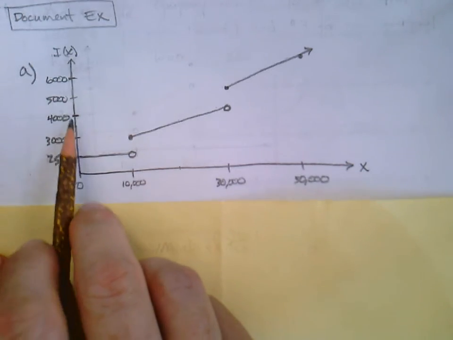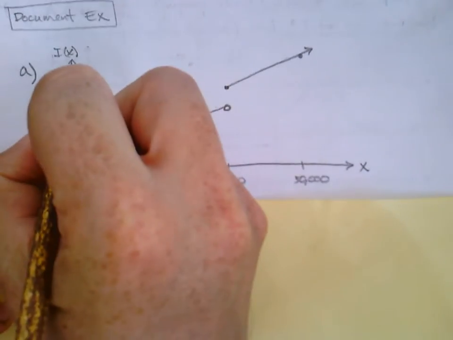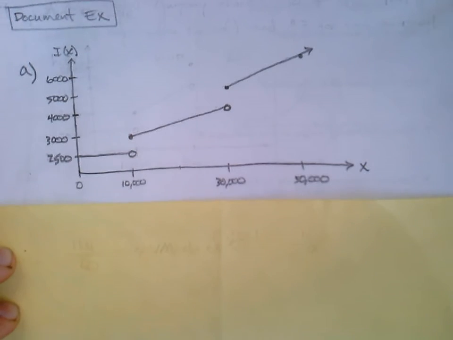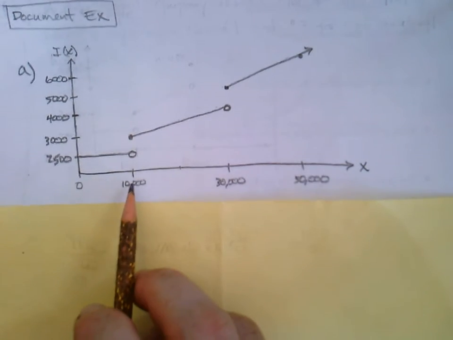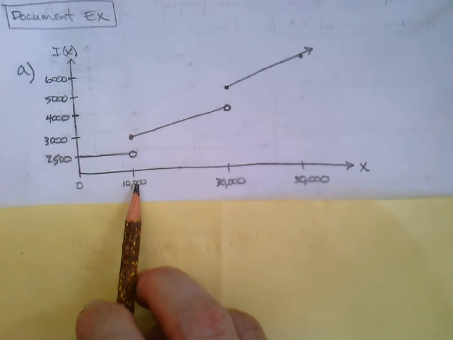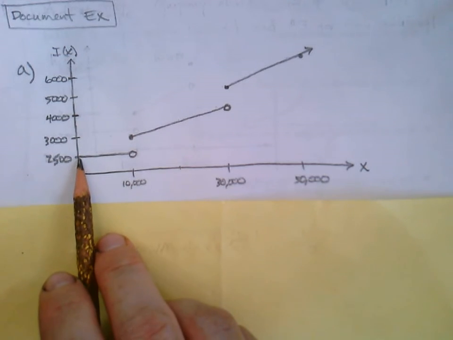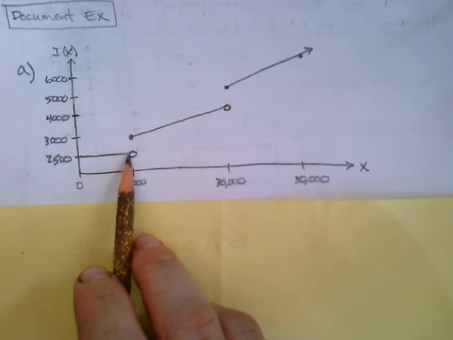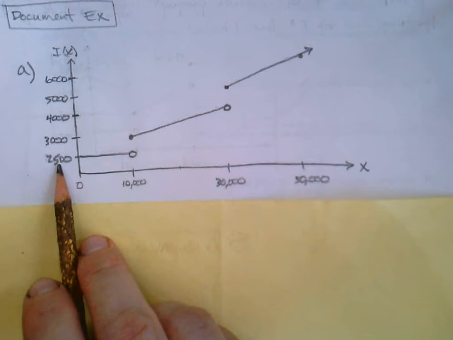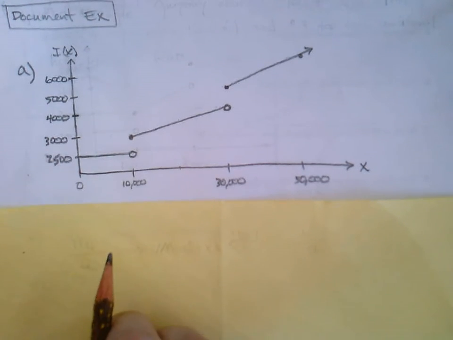And then I've marked 3,000, 4,000, 5,000, 6,000 going up that way. So we know if she doesn't sell $10,000, she's just going to get her base salary, 2,500.